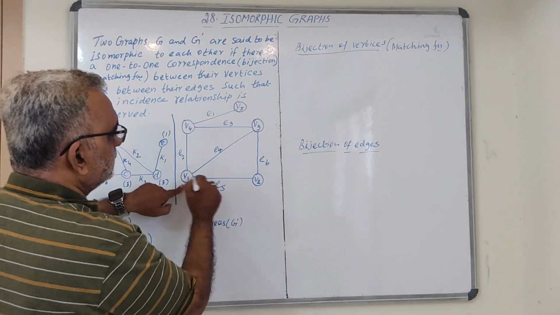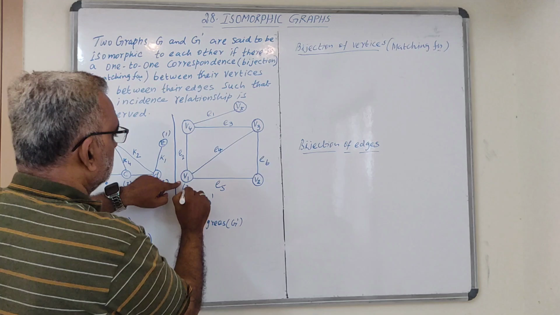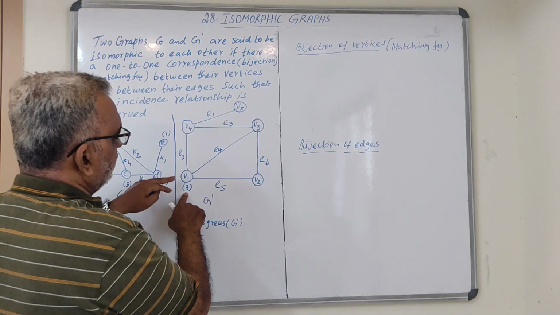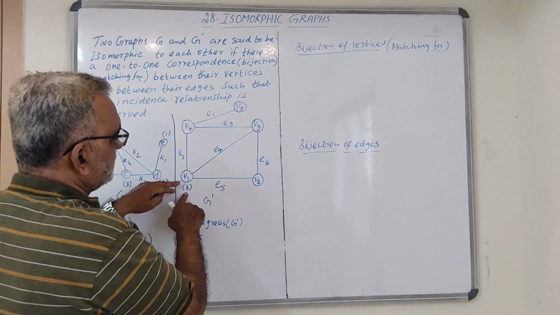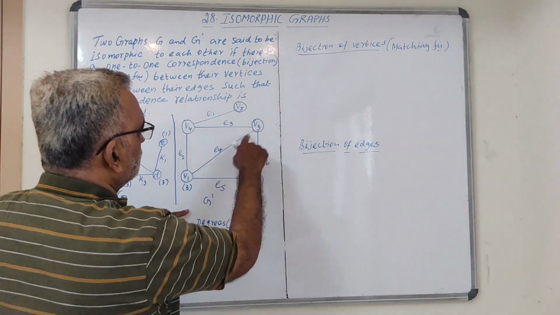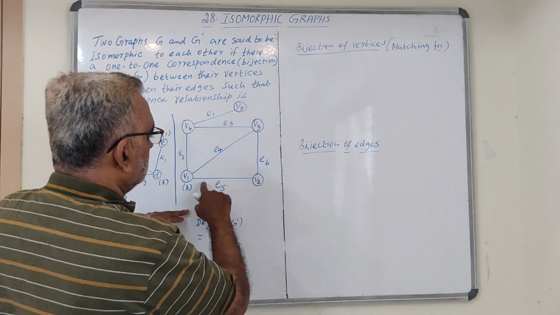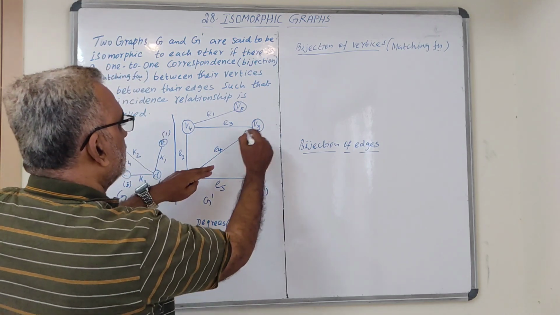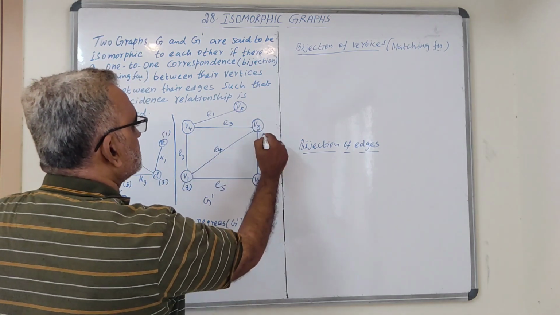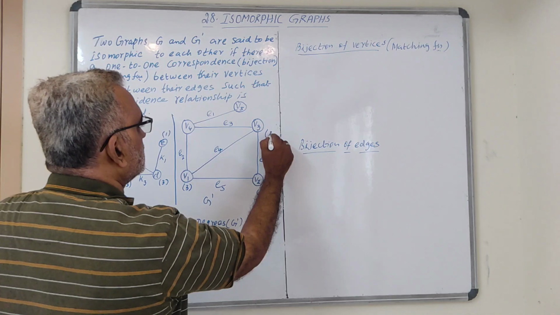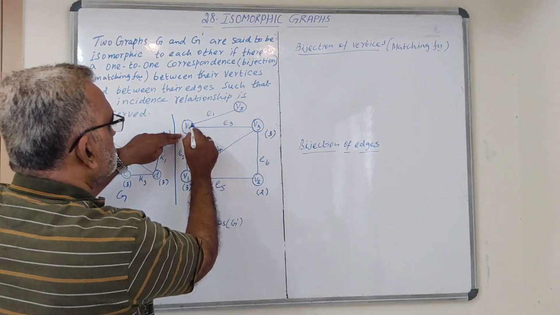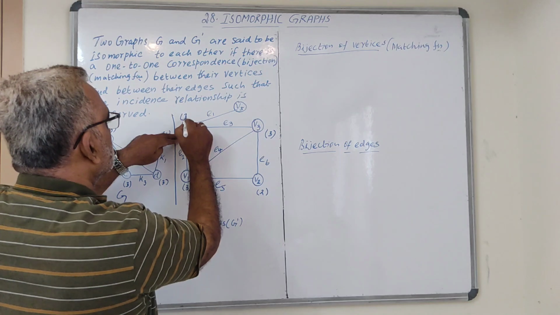V1 has 3 edges incident on it, so the degree of V1 is 3. For V2 we have only 2 incident edges, so that is 2. Similarly for V3, 3 edges incident on V3, so that is 3. Similarly for V4, again 3 edges, so that is also 3.